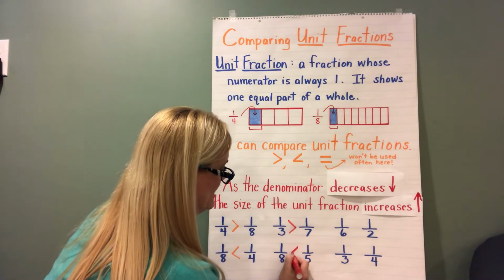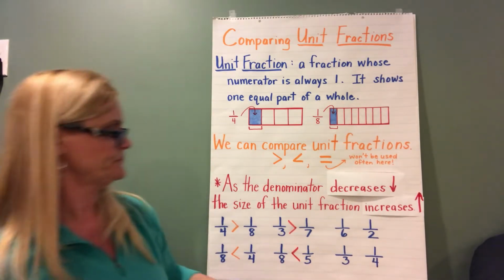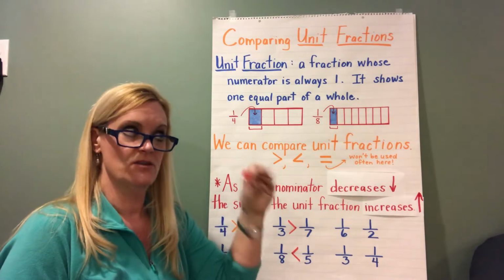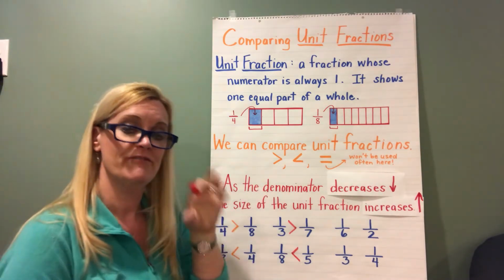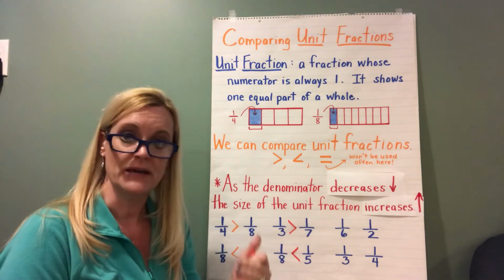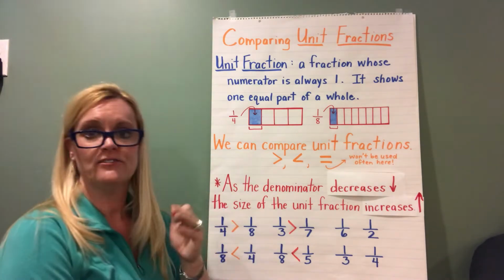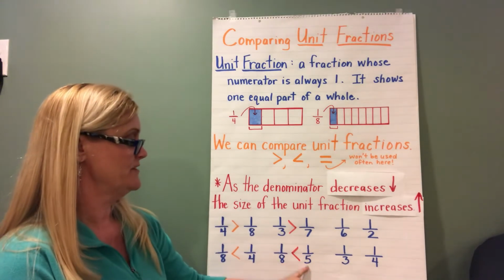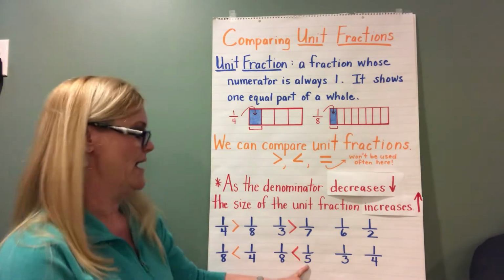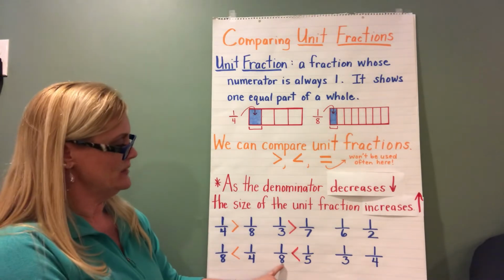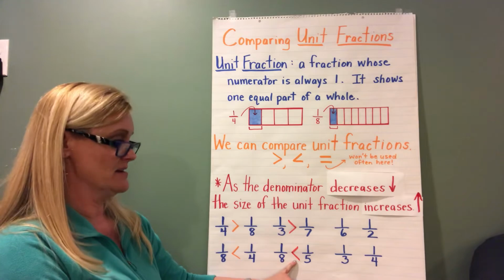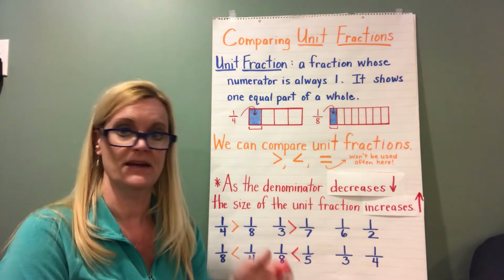So I would make, and this is the one thing that we talked about also, it's easier to make the greater than or less than symbol go the right way first, because you want to find the piece that's bigger. But remember, then you have to be able to read it properly in the correct order. So even though 1/5 is bigger, we figured that out, you would have to say 1/8 is less than 1/5 to make that make sense.